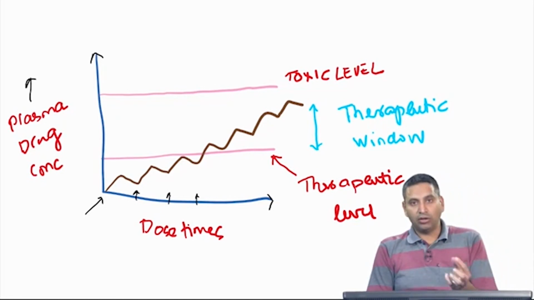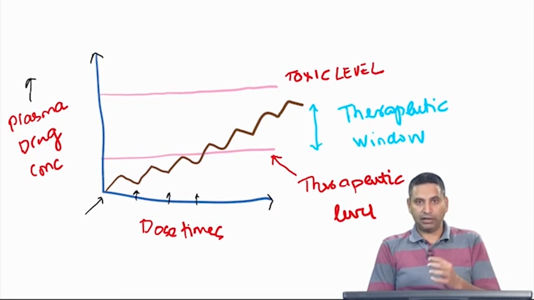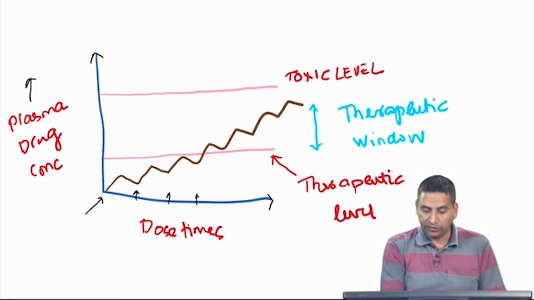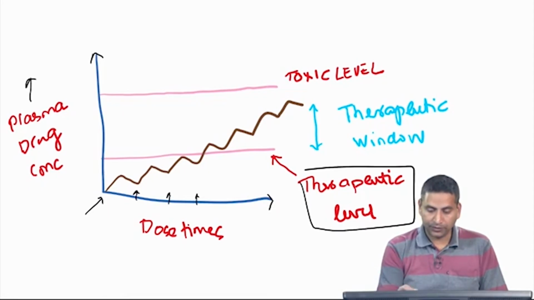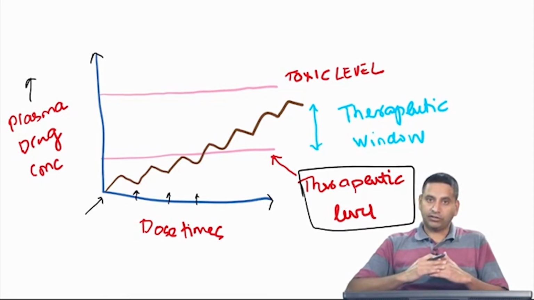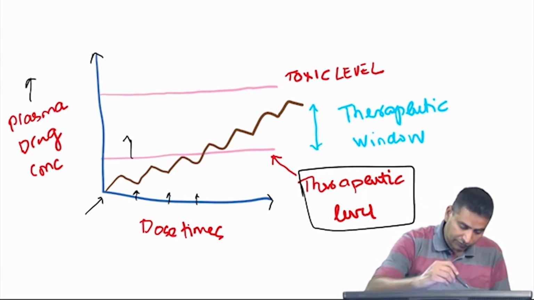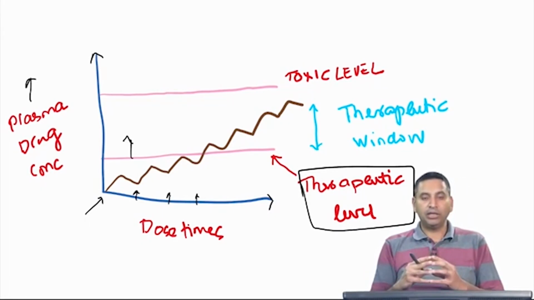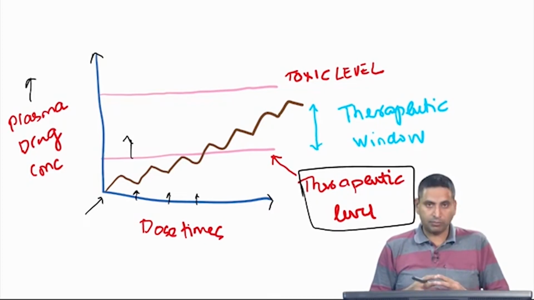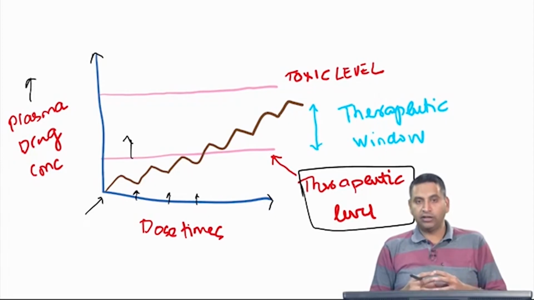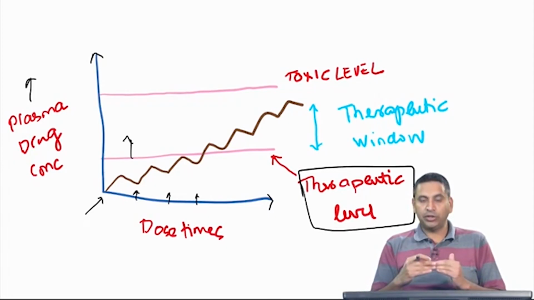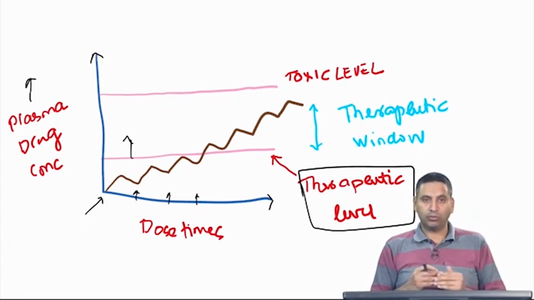Now, there is a concentration of the drug in plasma at which there is a therapeutic effect. Any concentration above this level is going to have a therapeutic effect. For example, if we are taking a drug to address our headache, there is a dosage at which the headache is going to go down.